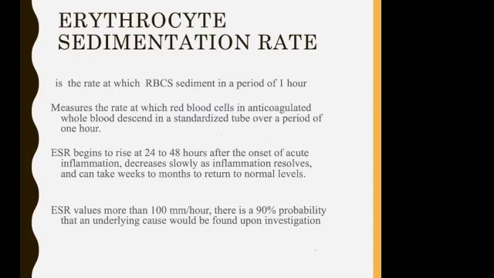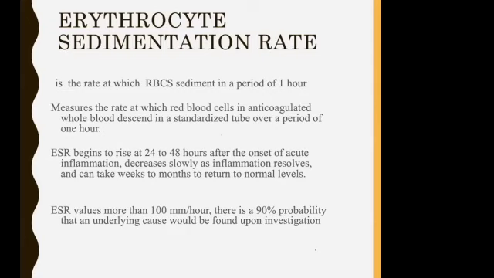So ESR, what is ESR? It's erythrocyte. Erythrocyte means RBCs. So erythrocyte sedimentation rate. Now, sedimentation means that if you leave the blood in a tube for a long time, how long does it take for the RBCs to stop circulating in the blood and fall by the force of gravity to the bottom of the tube?